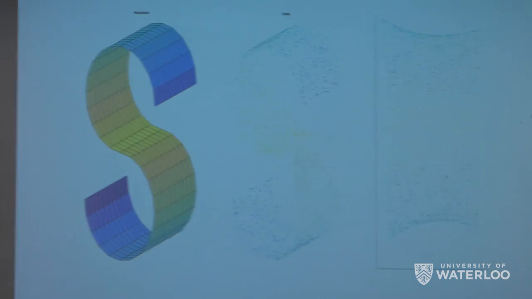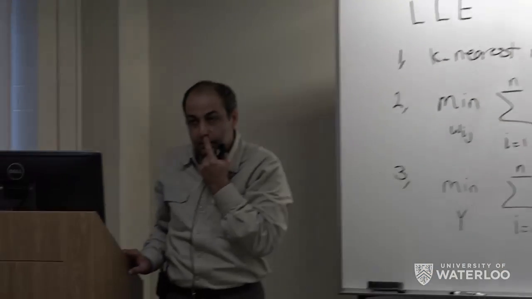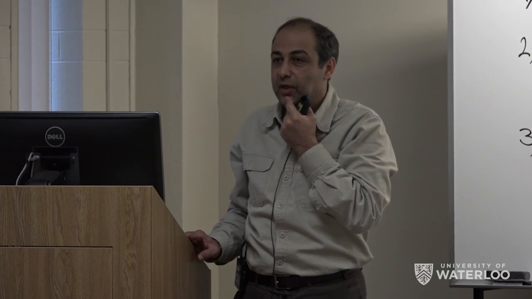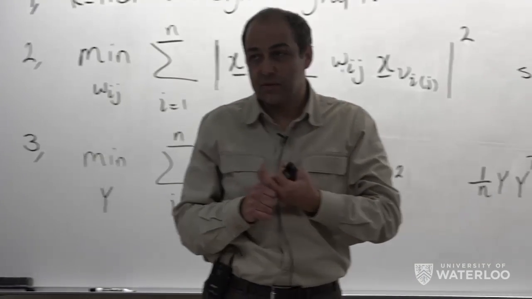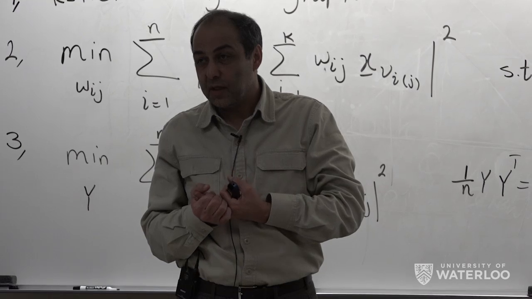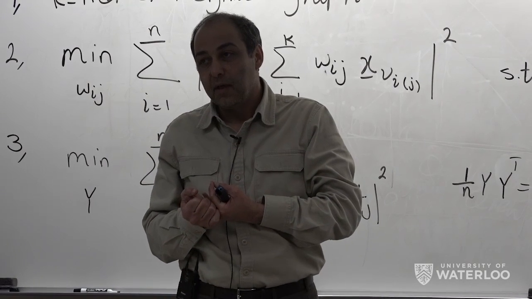Yes? With kernel PCA, we had a reconstruction issue because we couldn't represent phi of x. Do we have the same reconstruction issue here? Yeah, we can't reconstruct points using LLE. We can't reconstruct points using Isomap. We have another issue here that we didn't have in kernel PCA: the out-of-sample problem.